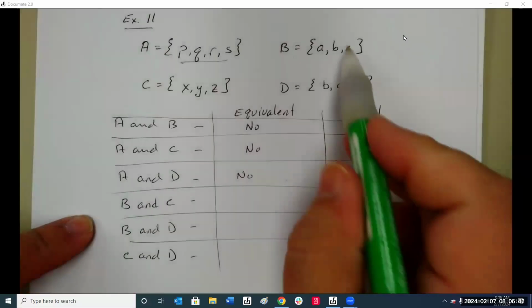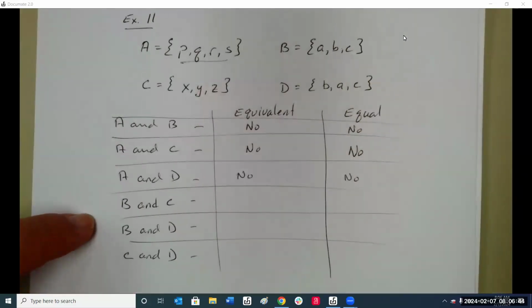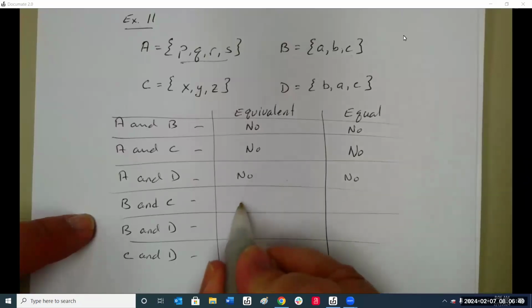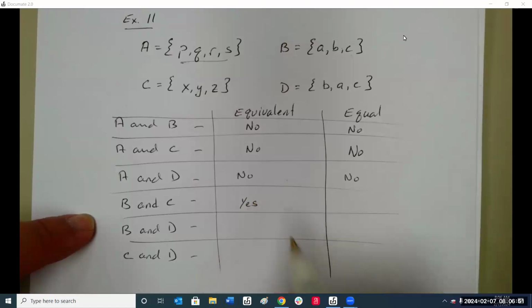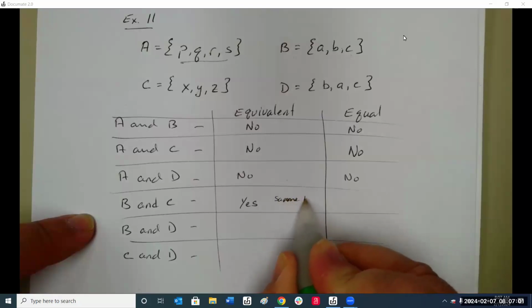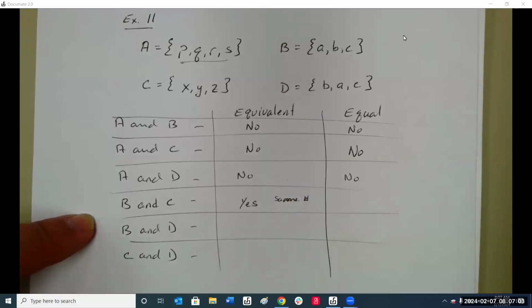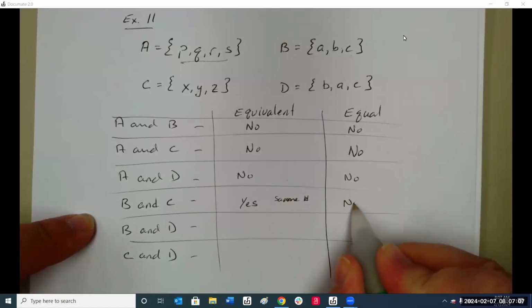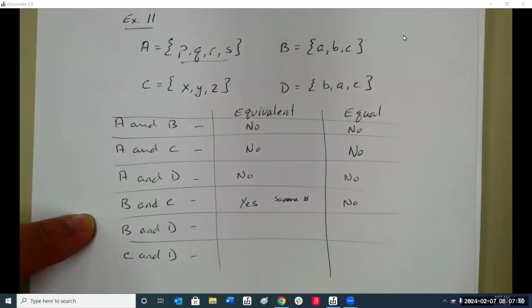How about B and C? Are they equivalent? Yes. Same number. Are they equal? They're not the same values.